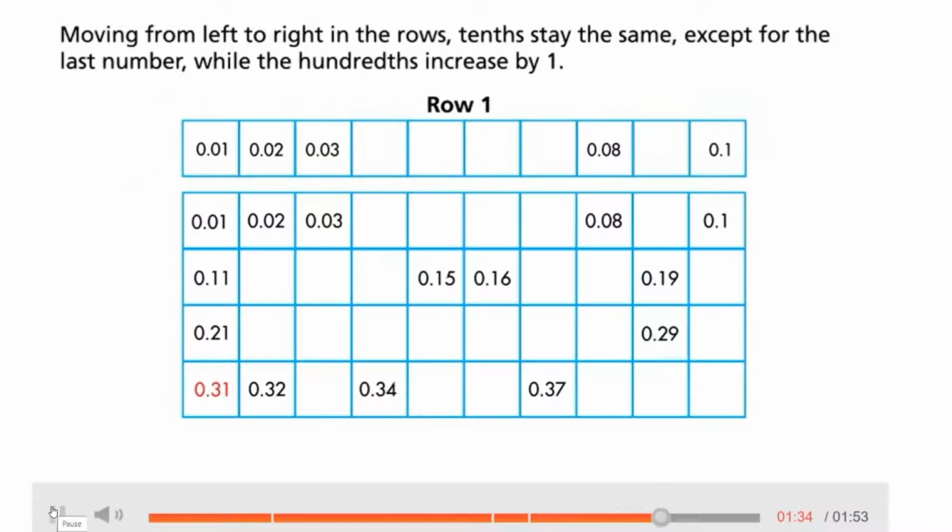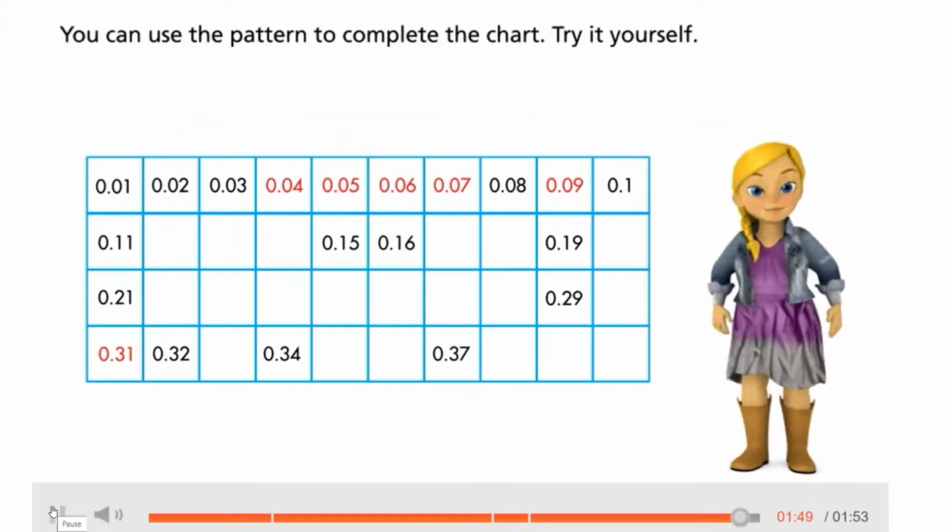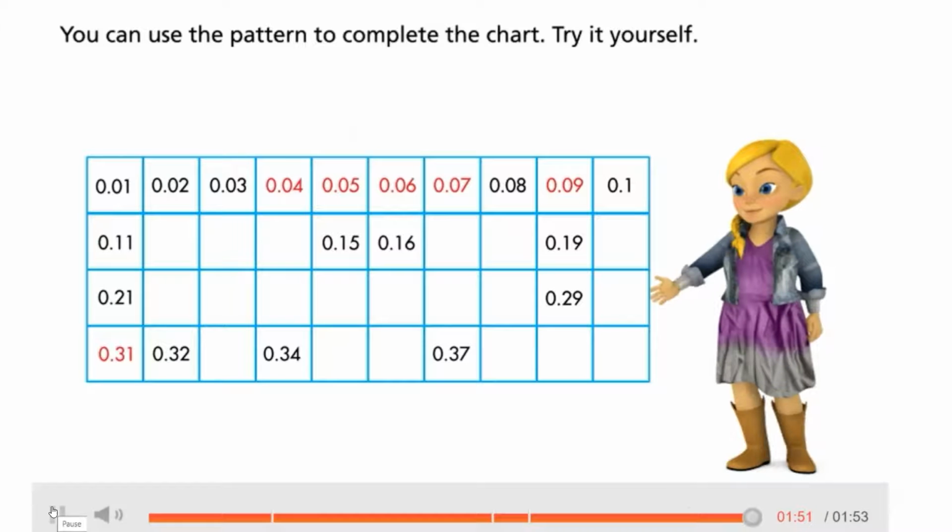Moving from left to right in the rows, tenths stay the same except for the last number, while the hundredths increase by 1. You can use the pattern to complete the chart. Try it yourself.